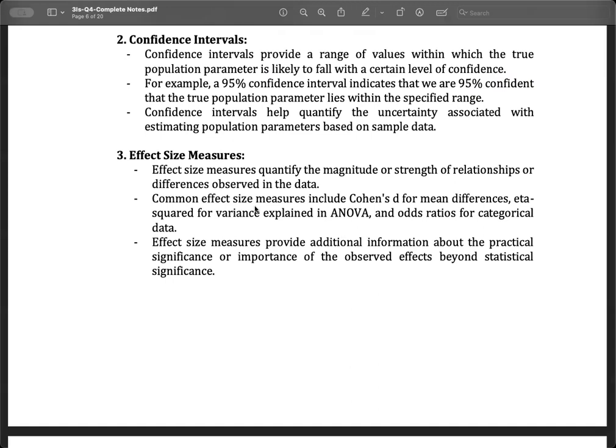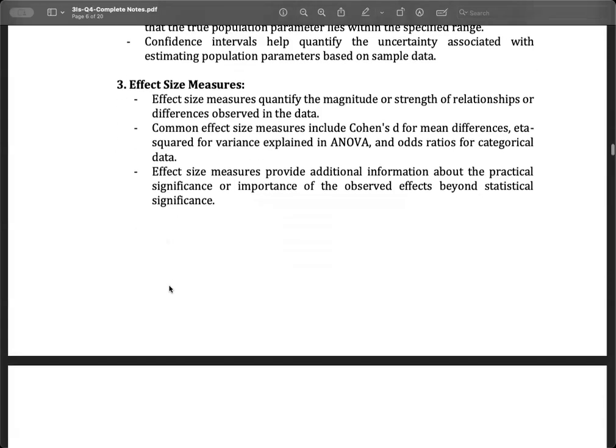So for example, if there is a significant difference along a large sample size, its effect size would also be larger as compared to another study that has no significant difference but with a smaller sample size. Don't worry, we'll not really be dealing with effect size measures in our next discussion, but it's just nice-to-know information about these components.